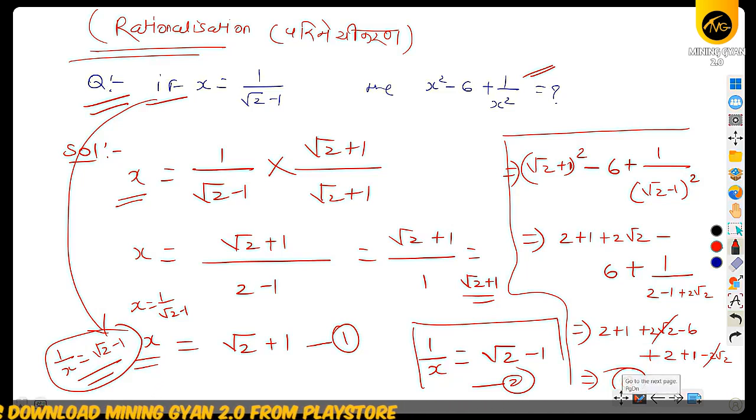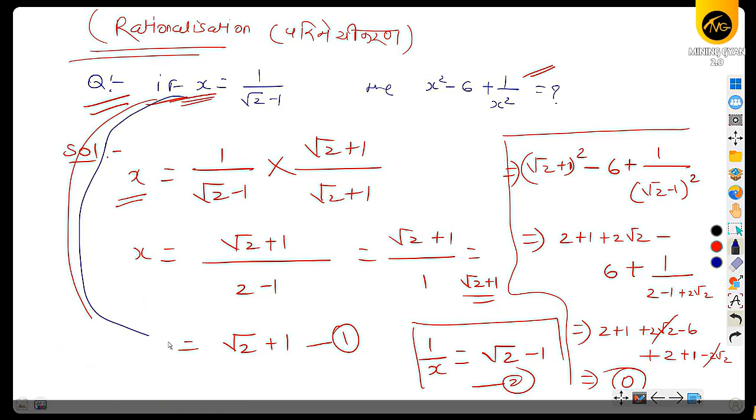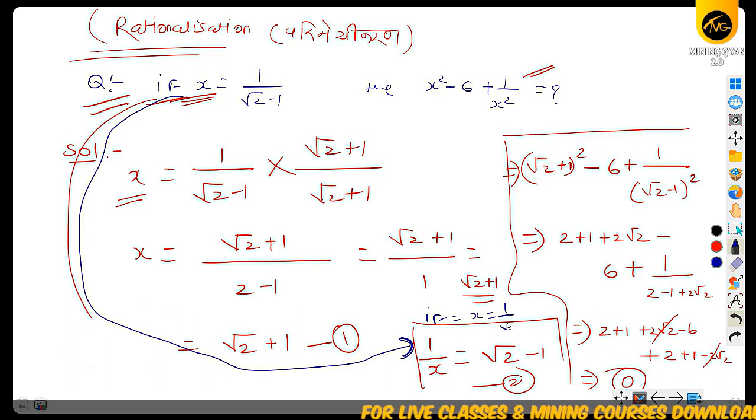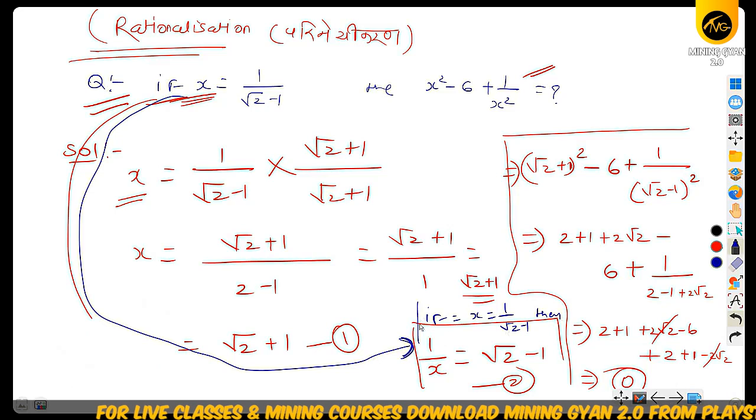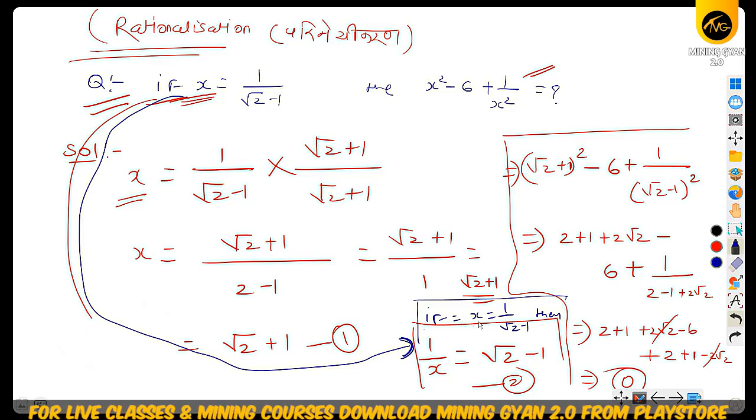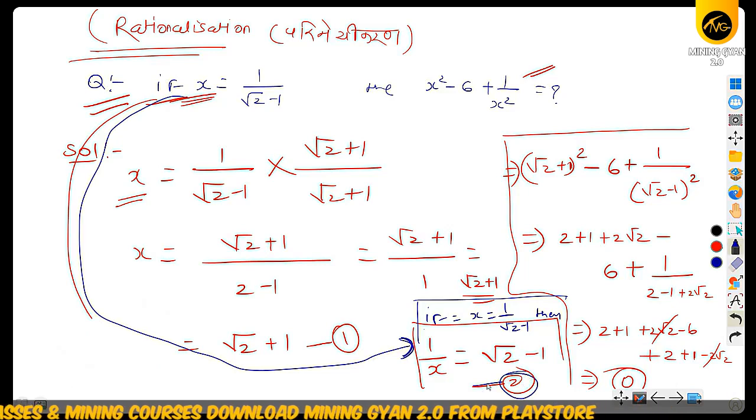Clear? If x is equal to 1 divided by root 2 minus 1, then you can write 1 divided by x is equal to root 2 minus 1. Suppose this is equation number 2. I hope it will be clear.